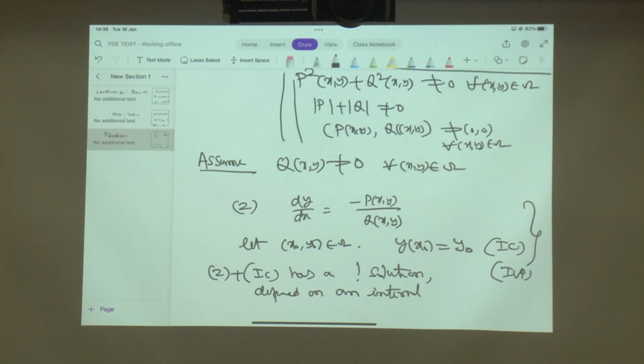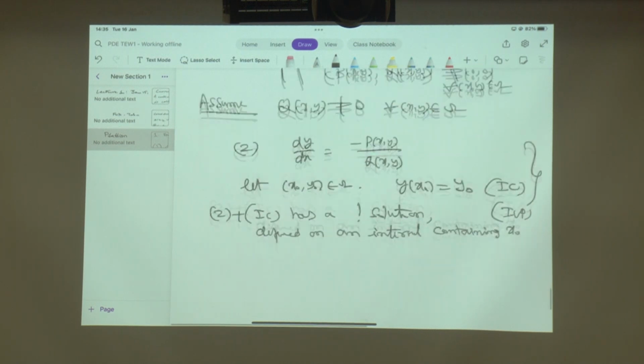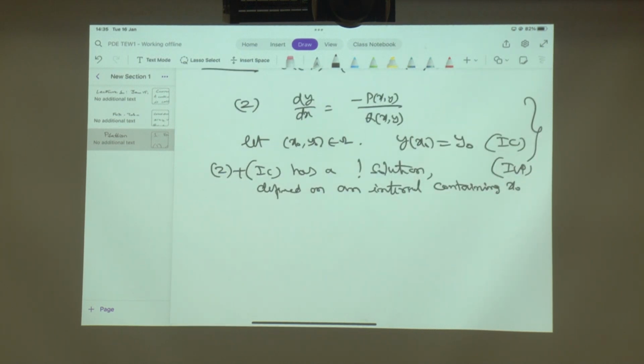This is all coming from Picard's theorem. In fact, Picard's theorem will always give you a symmetric interval around x0. So we can denote y is equal to, for a change, let me do this for now. Okay? So this is the parameters. This is a solution.